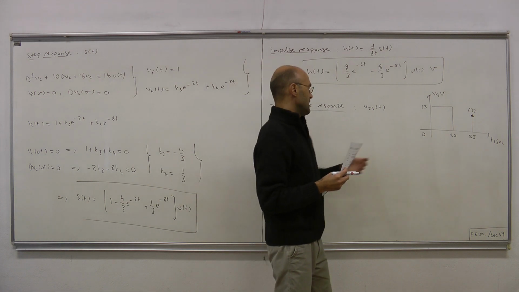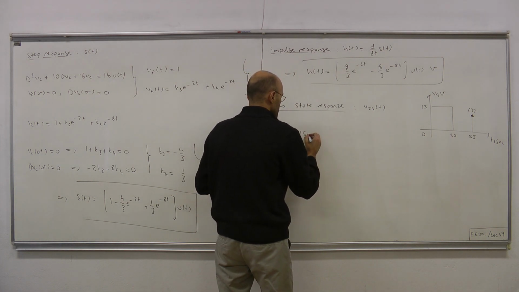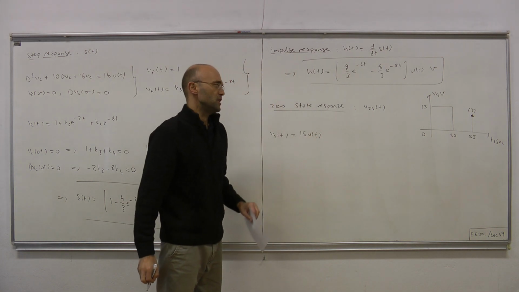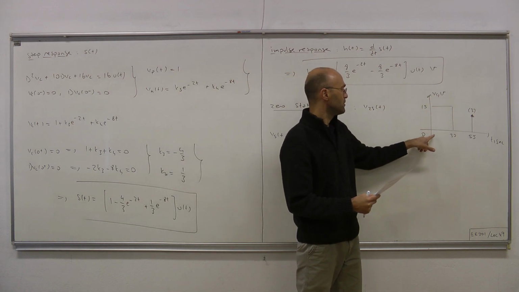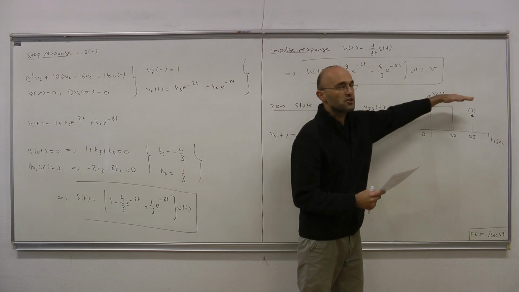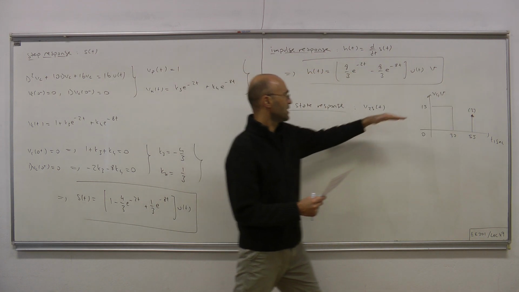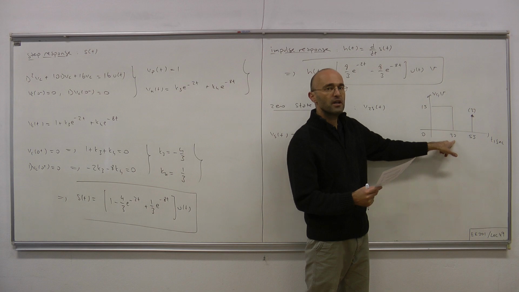Therefore, Vs of t equals 15 u of t. Okay, so that means 0 for negative times, and from t equals 0 to the future, it's fixed at 15. But what happens is at 30 we drop to 0.